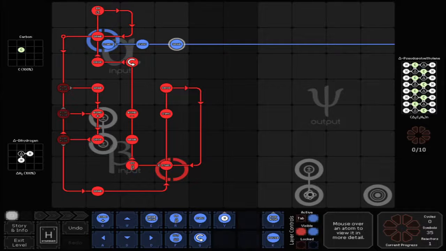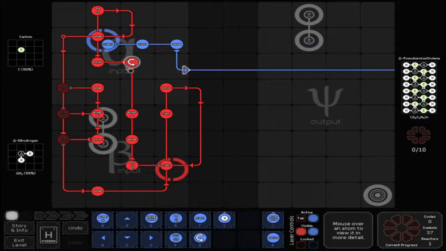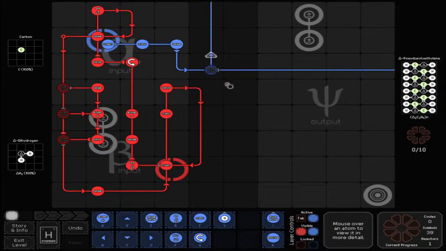What if instead of building it from the bottom up, I build it from the top down? So, let's see, flip-flop. I'll have it point that way, I guess.